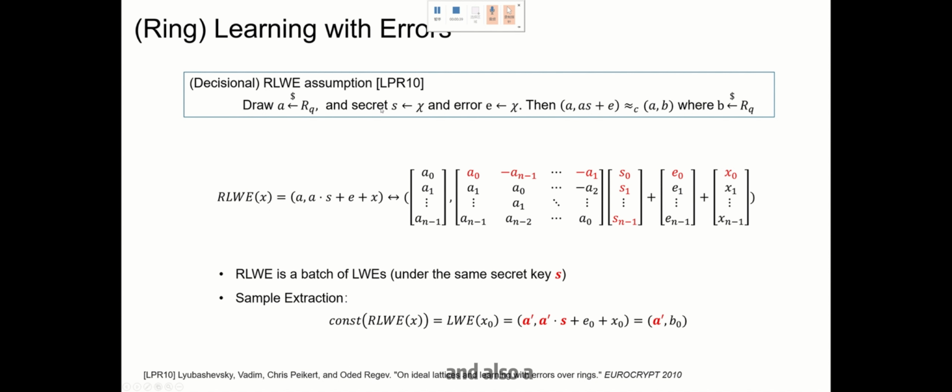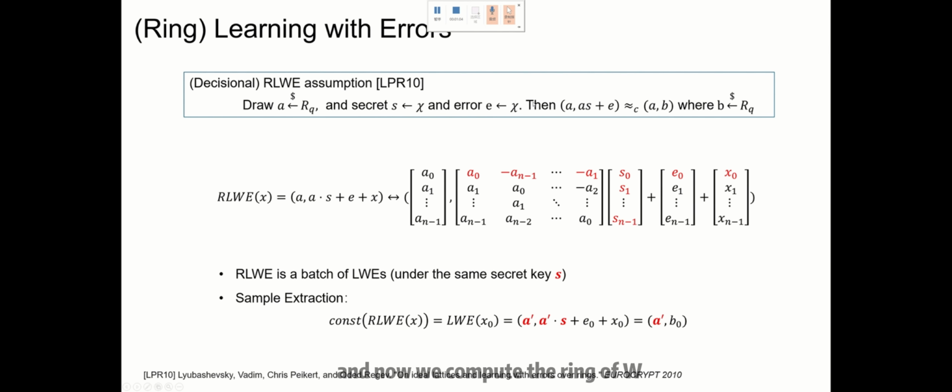And also a secret S randomly from a distribution, usually a small distribution, and an error term E from the same small distribution chi.